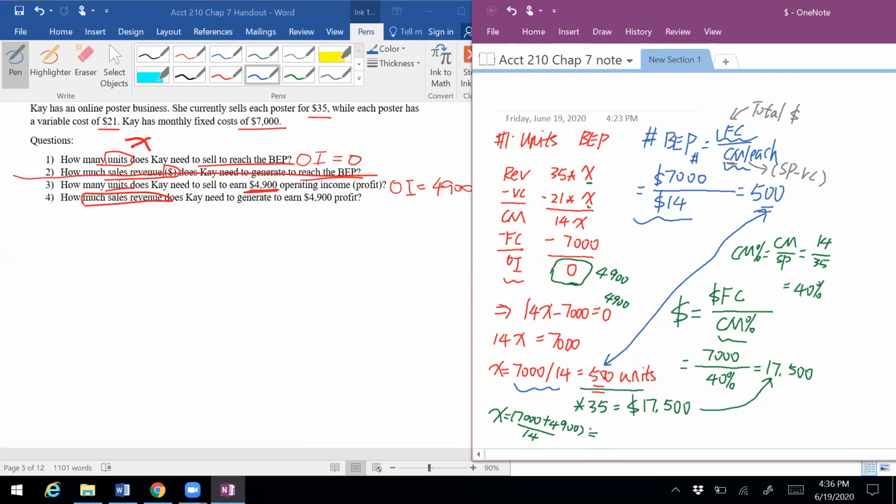In this situation, it has to be 8,050 units. So when you want to get operating income, you have to sell more units. You have to sell 8,050 units to get your operating income as 4,900.